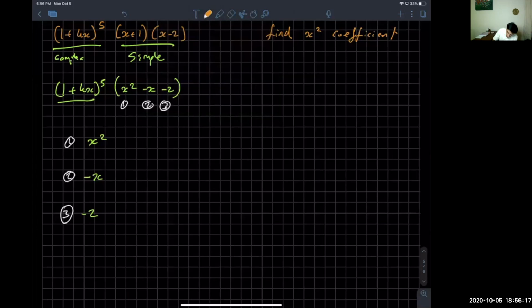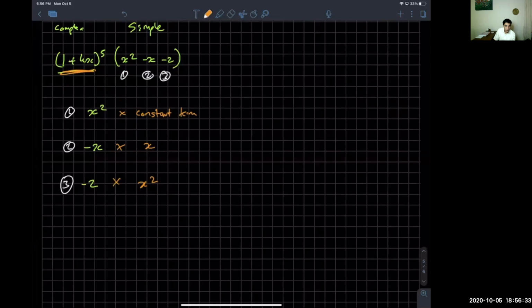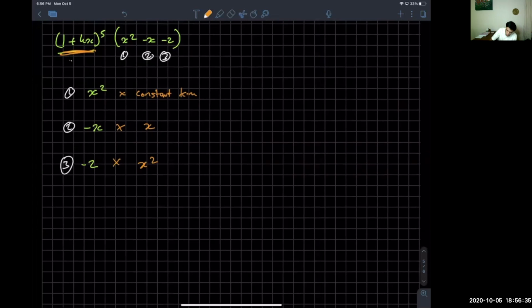In this case, we would need a constant term multiplied by the constant term here, the x term here, and the x squared term here.